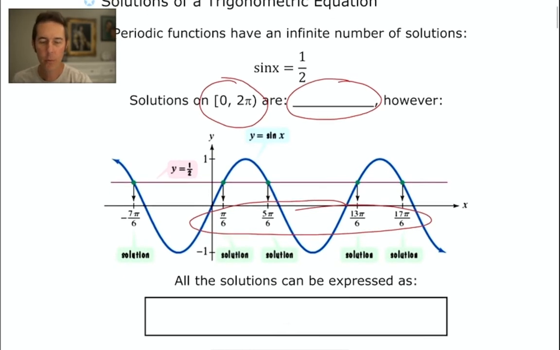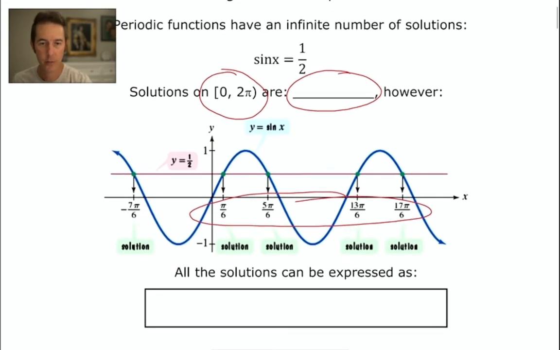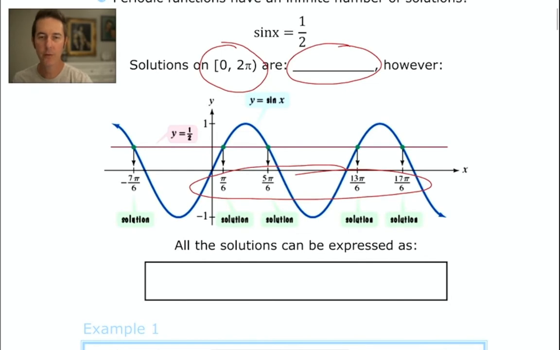But what if we were prompted for all of the solutions? Remember that these trig functions, all of them, are periodic in nature. So for example, the sine function has a period of 2 pi.